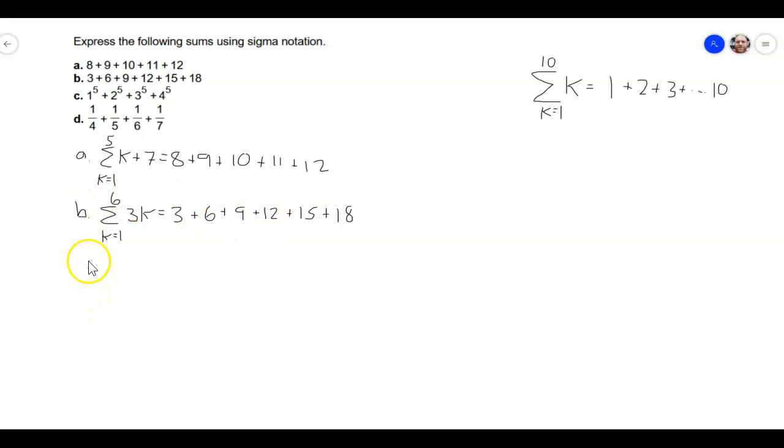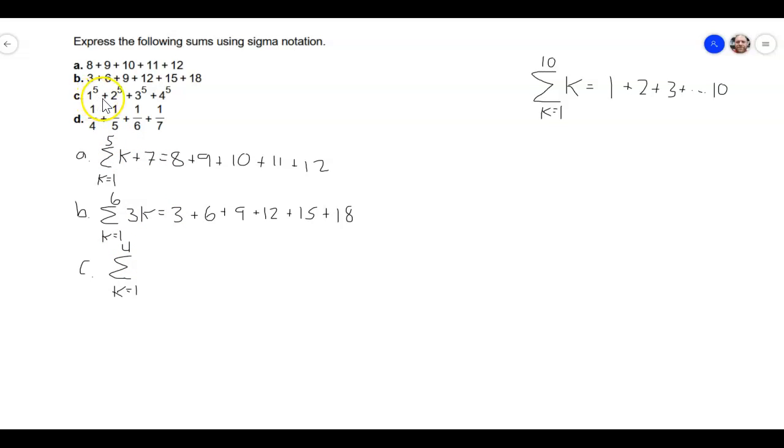All right, C. So start with the basics, and then we can change it if we need to. So k equals 1 to 4, because we have 4 values.